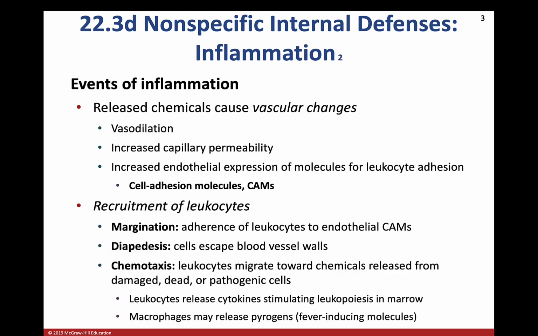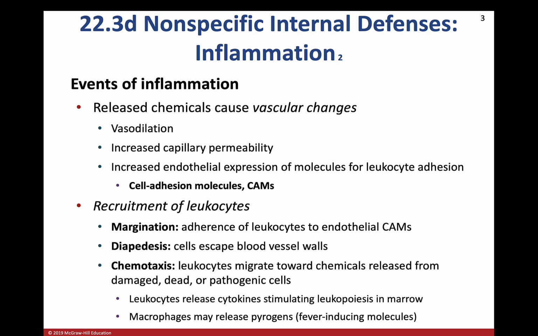Now, there are a number of major events that are part of the inflammatory response, so we're going to introduce these events and then we're going to put them together on a diagram that goes over this in great detail. So the first part: chemicals are released which are going to cause vascular changes.